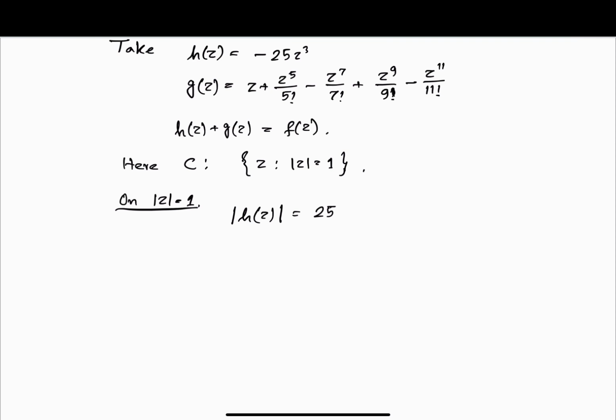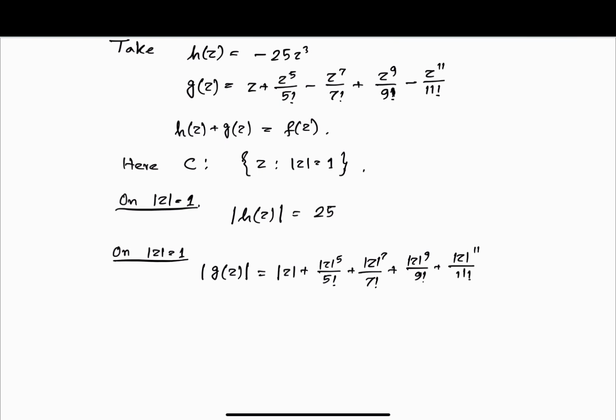And what is the other function g(z)? On mod z equals 1, what is mod g(z)? If you take the modulus and use the triangle inequality, what you will get? Mod z plus mod z to the power 5 by 5 factorial plus mod z to the power 7 by 7 factorial plus z to the power 9 by 9 factorial plus z to the power 11 by 11 factorial.